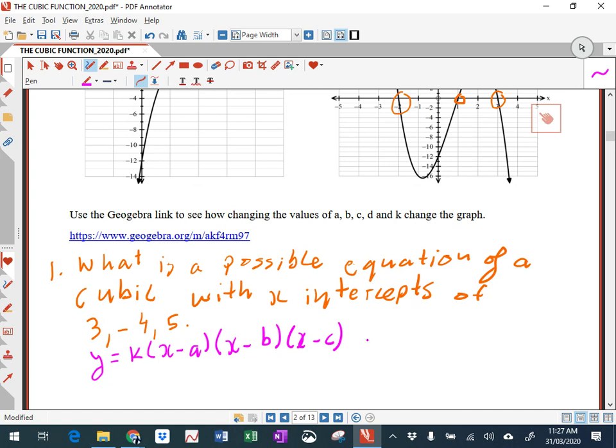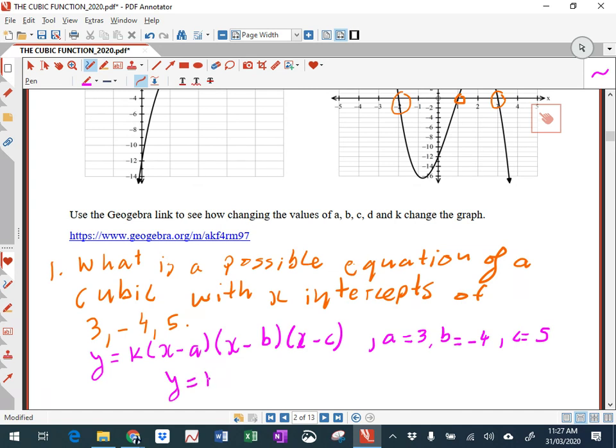I'm going to say let A be 3 and B will be -4 and let C be 5.